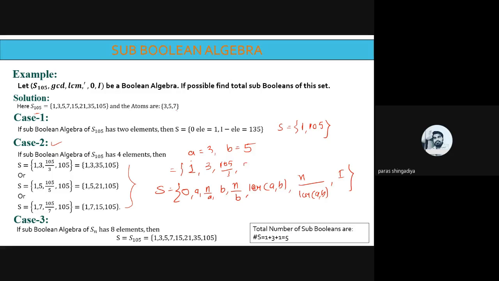Then b equal to 5, n by b is 105 by 5. And then LCM of a and b, so LCM of 3 and 5, and then n is 105 upon LCM of 3 comma 5, and then the I element is 105. Now simplify that: 1, then 3, 105 by 3.